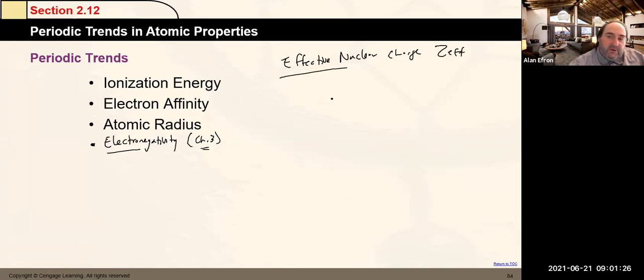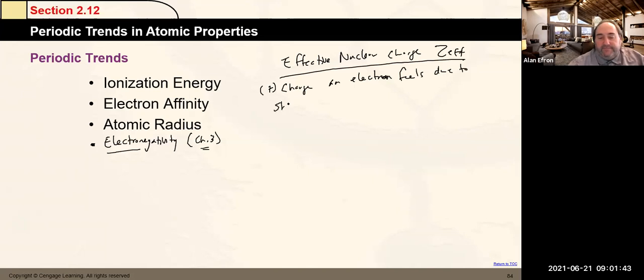An effective nuclear charge is really the positive charge an electron feels due to shielding.